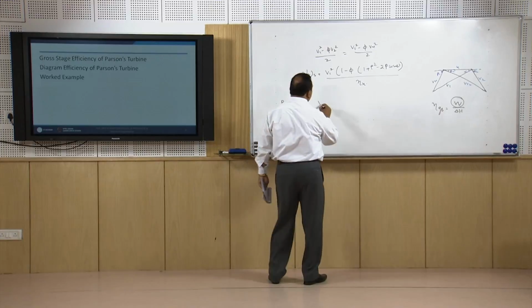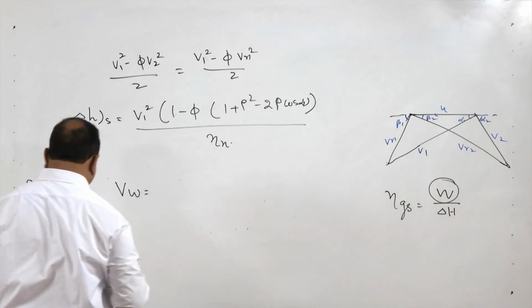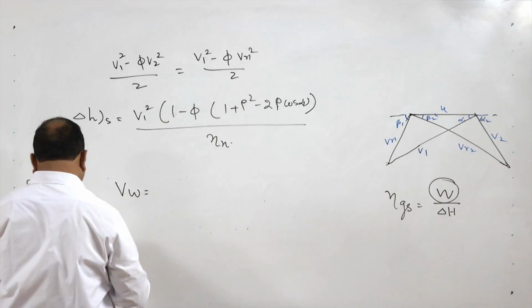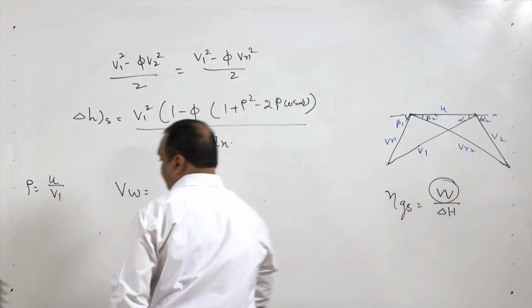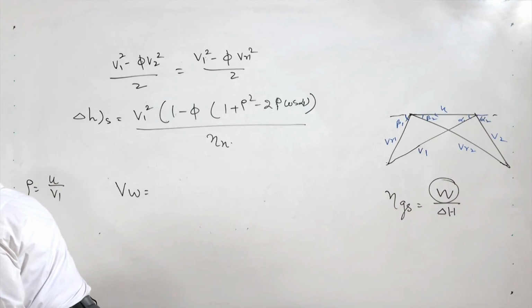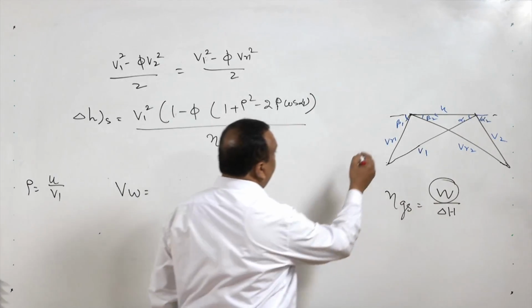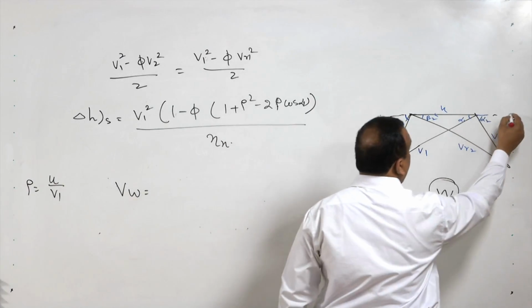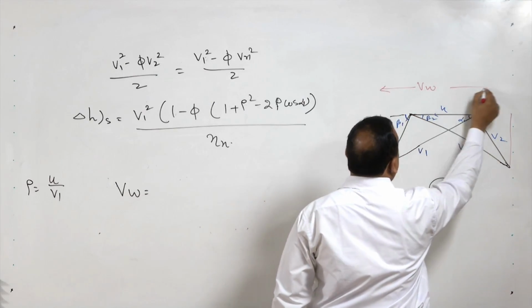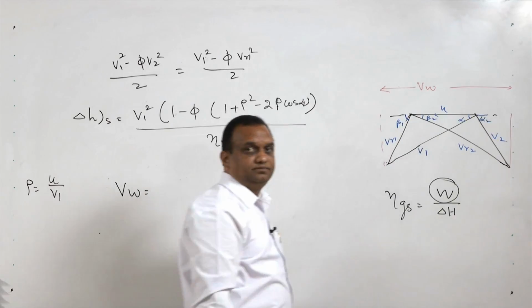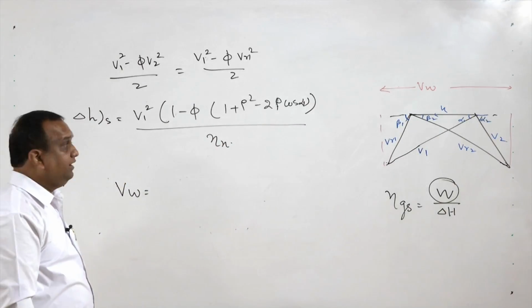Now the whirl component VW of the velocity, again we will refer to this figure, this is the whirl component VW, right.